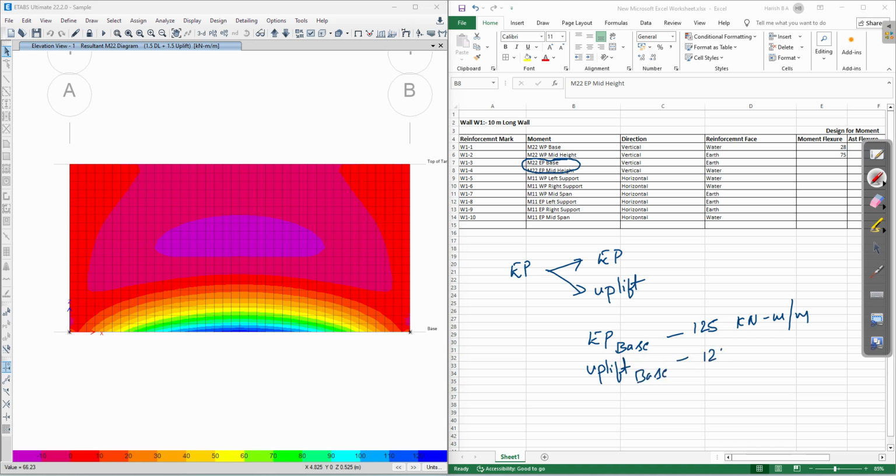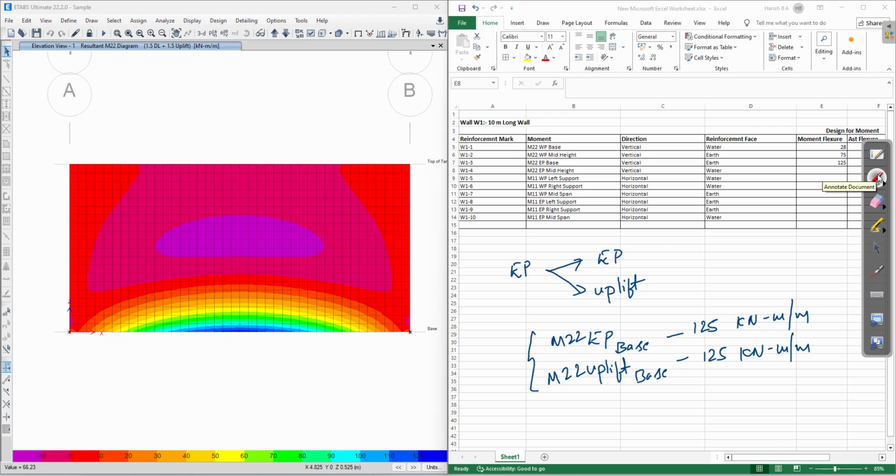It is also showing same moment, 125 kilonewton meter per meter. So this is M22. Out of this you have to choose maximum value. So here both are same. So I will choose 125 here.